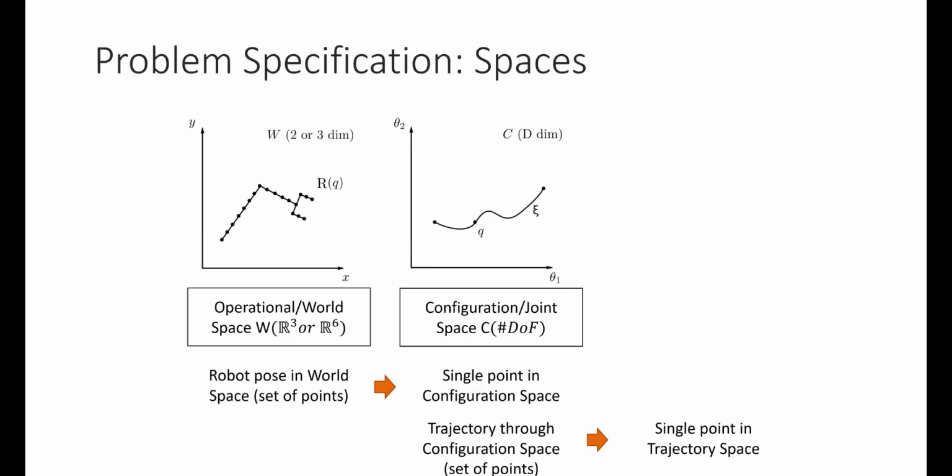And then an entire path through my configuration space is a trajectory. And so a trajectory is just one point in some infinite dimensional space that can then map back down to a sequence of configurations, which maps down to physical points in space.